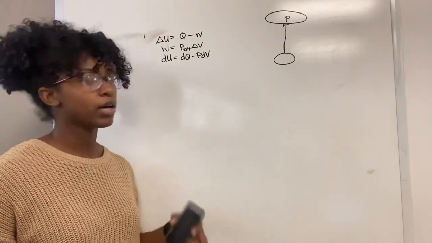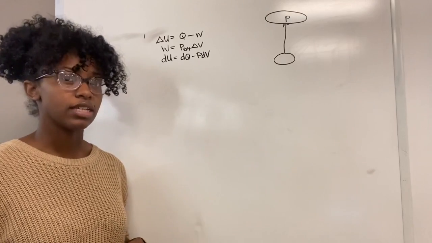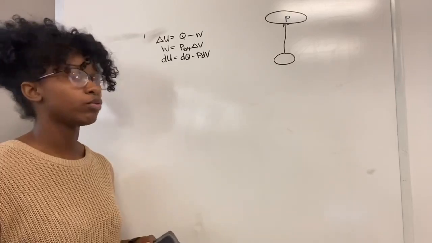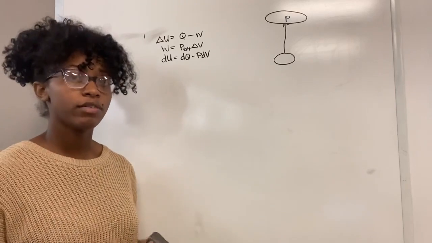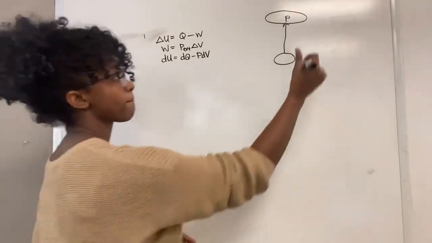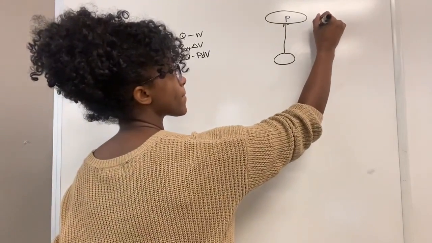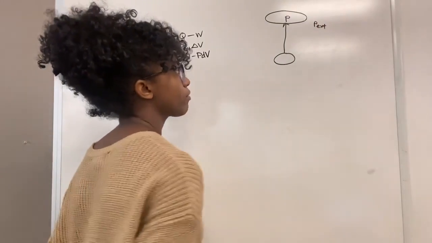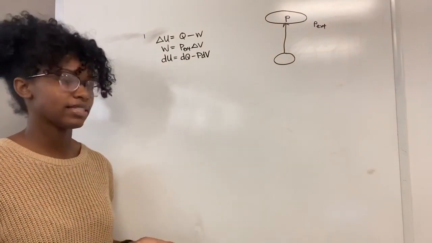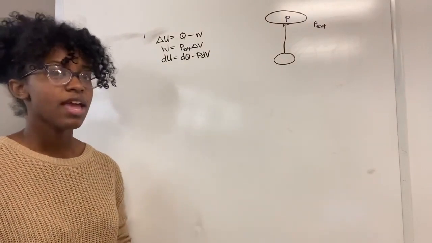If this bubble rises slowly enough, the pressure on the inside will be able to remain equivalent to the pressure of its environment, or the external pressure. And this is what we know as an adiabatic reversible expansion.